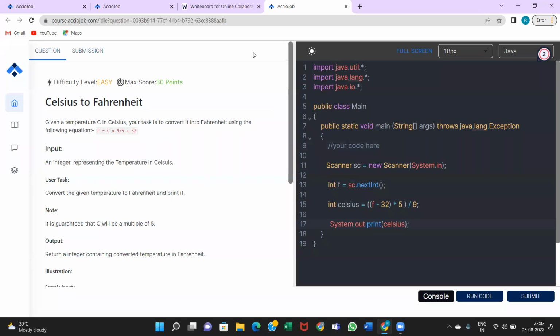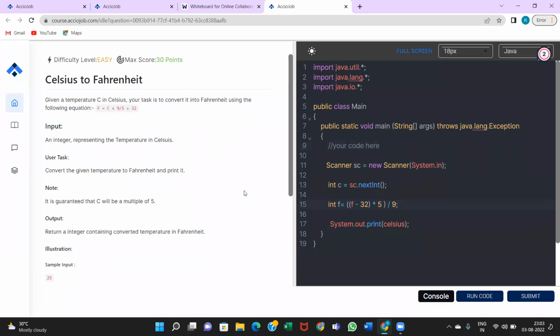You have to just use the formula. So it will be C into 9 divided by 5, and in this entire thing, you are going to add 32. You have to print F.